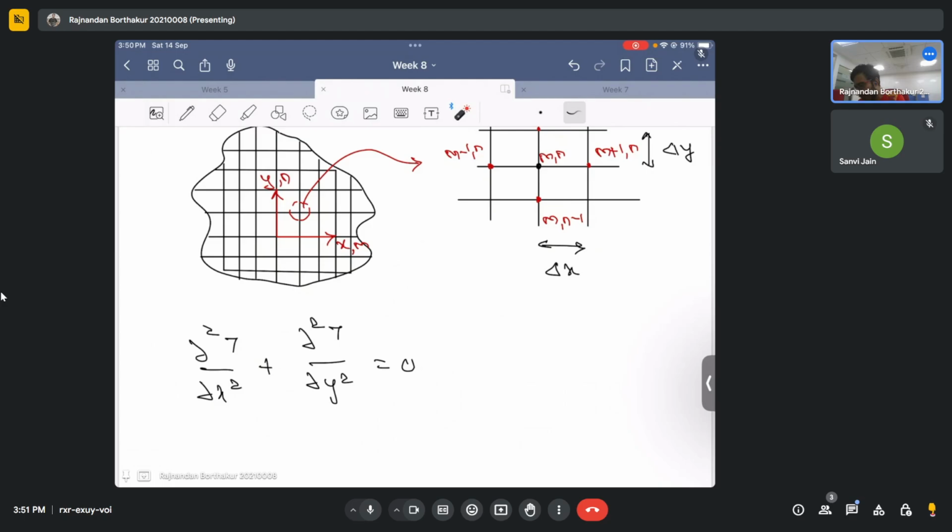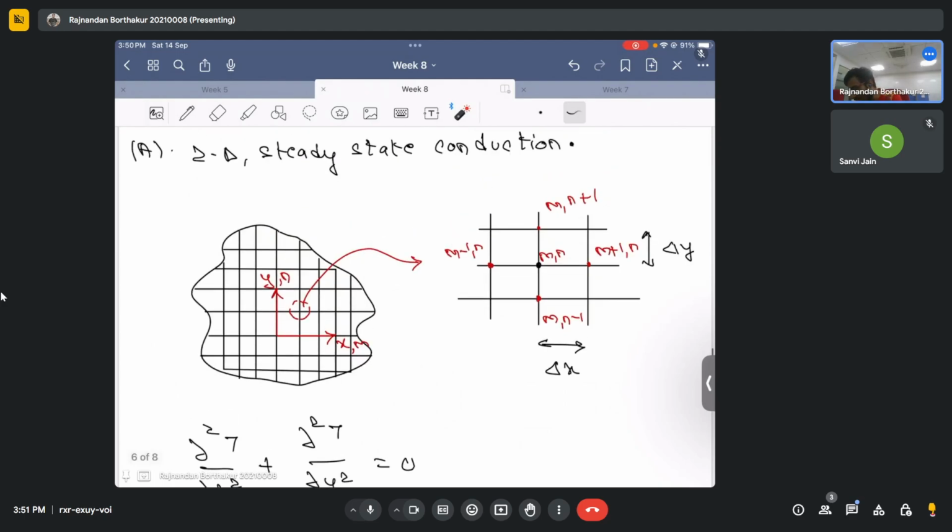So for that, what people do is pick up any generic grid. Let's say I pick up any generic grid, let's say m, n. When I pick up this generic grid, it looks something like this, and I also see how my neighboring grids would look. First of all, I have chosen m grids in the x direction, and I have chosen n grids in the y direction.